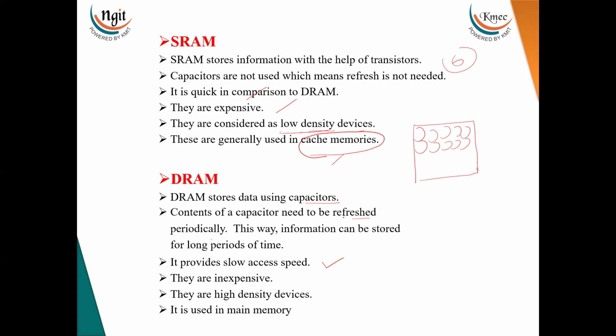Compared to the SRAM, speed is less, but they are inexpensive and high-density devices because only one transistor and one capacitor are used. That's why, for a given area, more cells are inserted, thereby more data is stored. And because of the high density, we are using these cells to design the main memories.